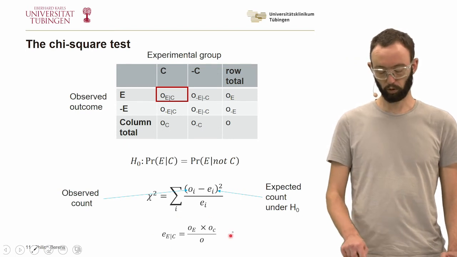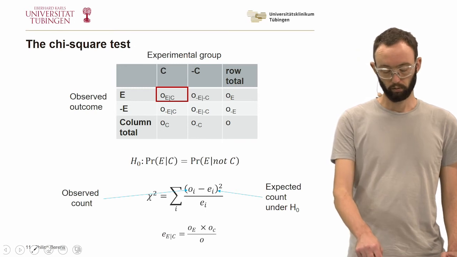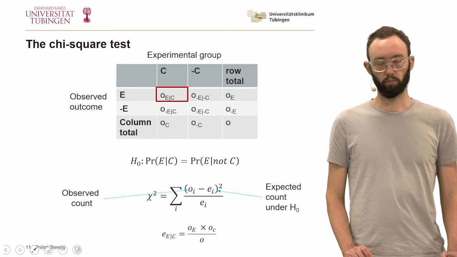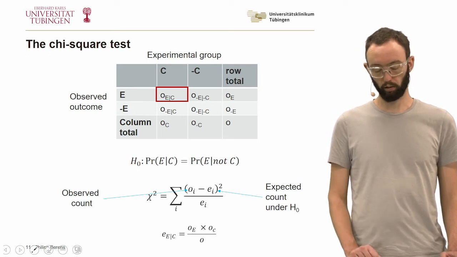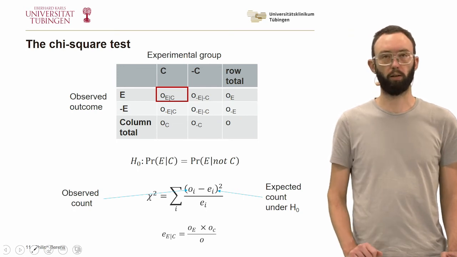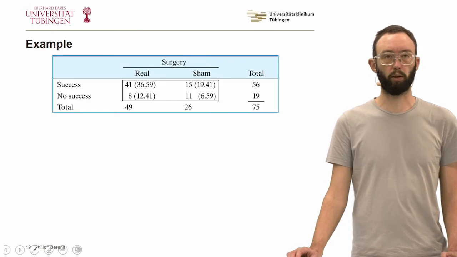This is what this formula says. So you just take the row total for E, you multiply by the column total of C, so the number of people in that group, and you divide by the total number of samples.